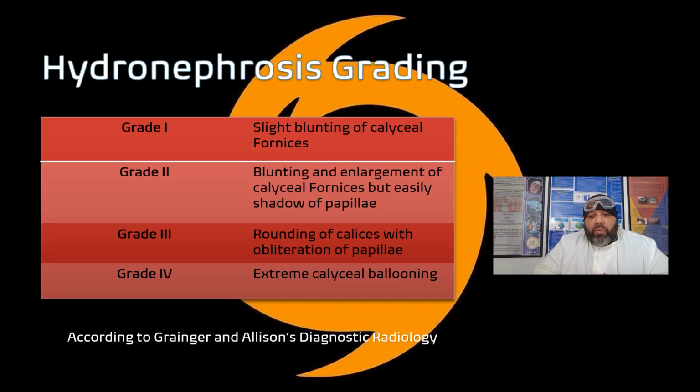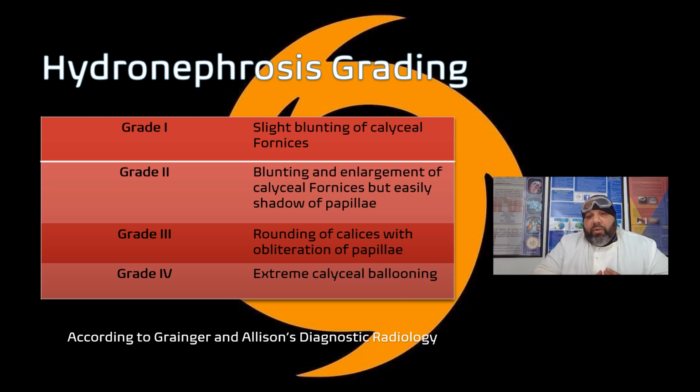So according to Grainger and Allison's Diagnostic Radiology, hydronephrosis has several gradings, grading 1 to 4.